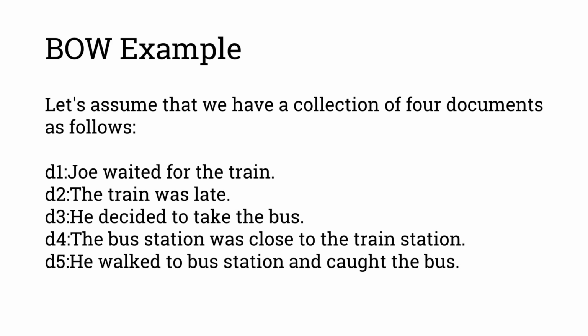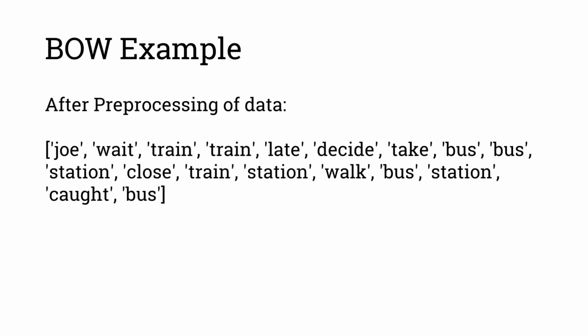And once we have implemented all these steps, we have a list of pre-processed data, which looks like this. So you can see all the punctuations are removed and all the words are reduced to their lowercase form, and even common words which don't add meaning are also removed. Once we have implemented that, we can move on to the next step.